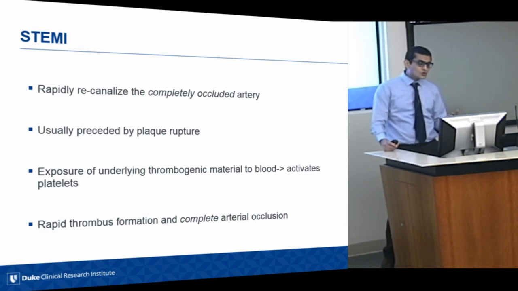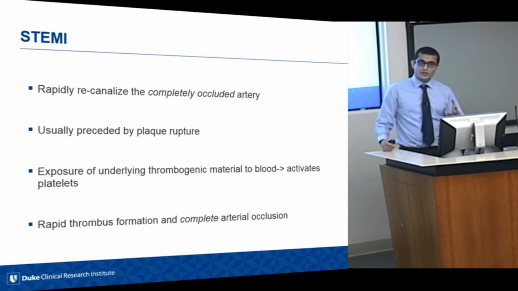Usually, STEMI is preceded by plaque rupture, and that statement holds true about 95% of the time. Occasionally, we find an artery that's completely occluded because a clot moved from somewhere else, from the left atrium, the left ventricle, or the valve, and then embolized down the coronary artery and completely occluded it.